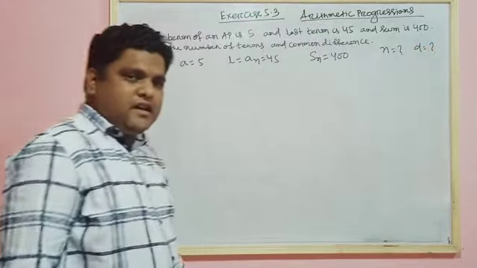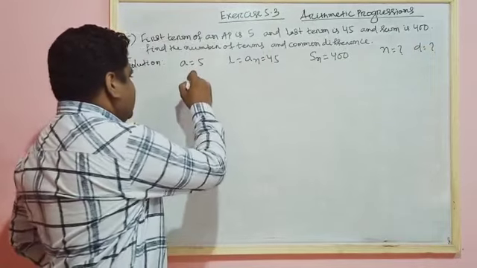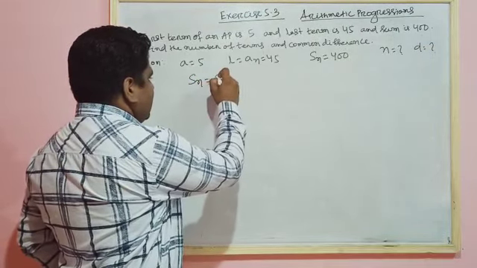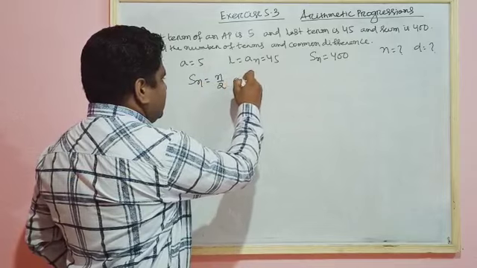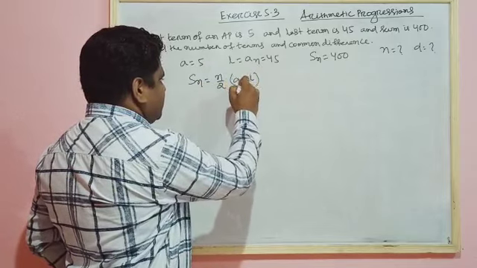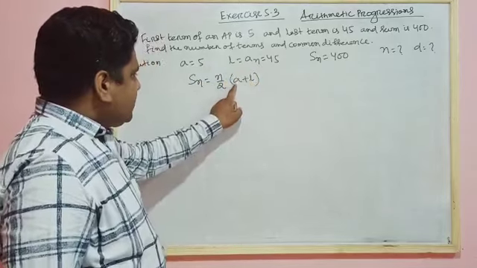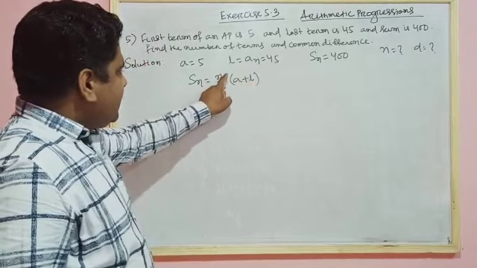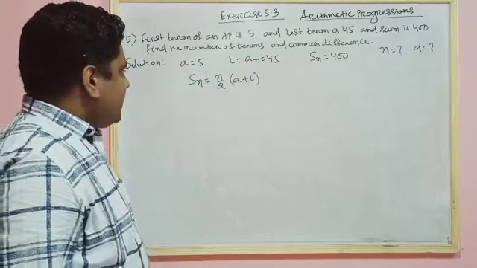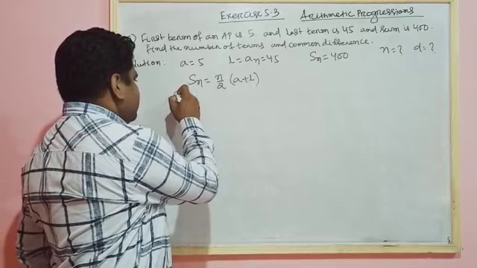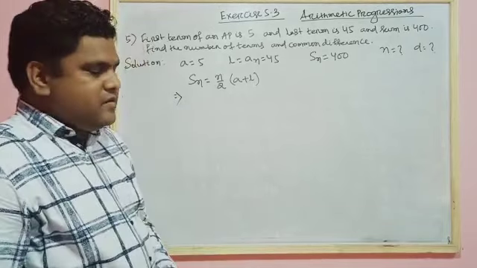We know the formula that Sn equal to n by 2 into (a plus l), first term plus last term. This is the first term and this is the last term, and it is n by 2. So Sn equal to n by 2 into (a plus l).